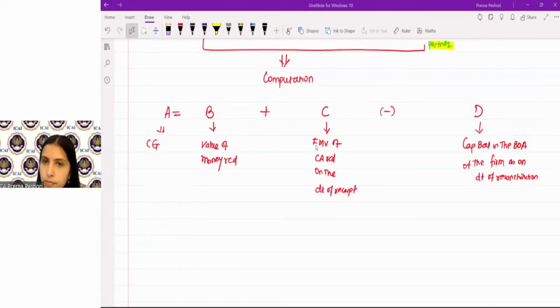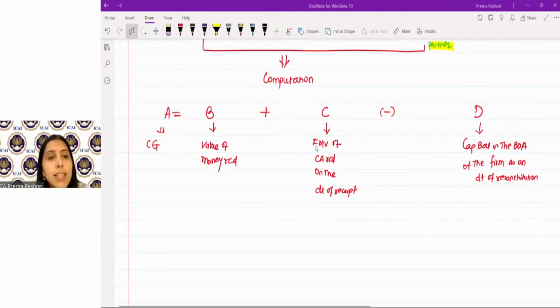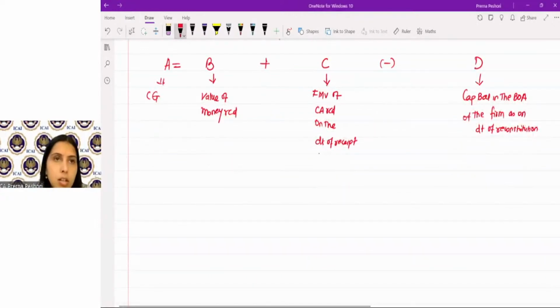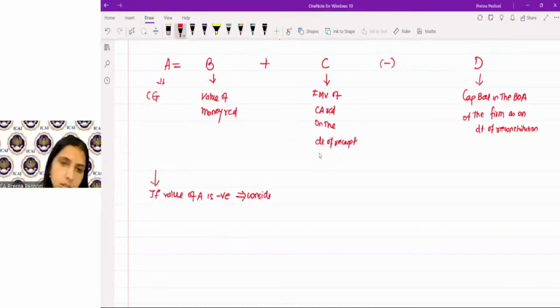Are we clear? Now, what does it additionally provide? Let's try and understand. It says that if the value of A is negative, there cannot be losses. So if the value of A is negative, consider it 0. There cannot be losses under this particular section.